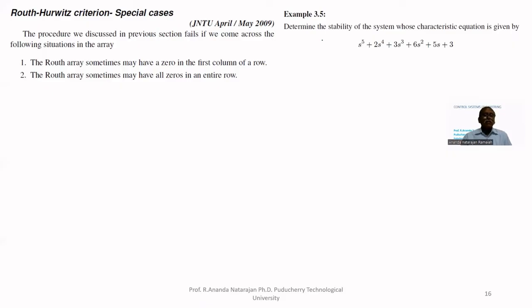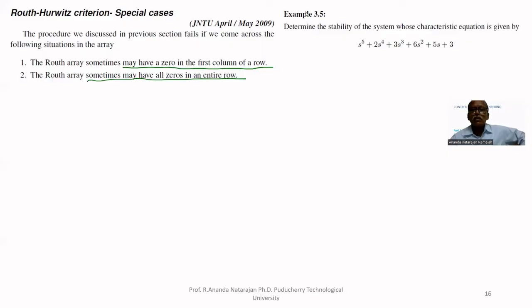That is the first difficulty: we may have a 0 in the first column of a row. Second difficulty, sometimes all elements in the entire row may become 0. That is also possible. Then also it is not possible to proceed further. Let us see one by one.